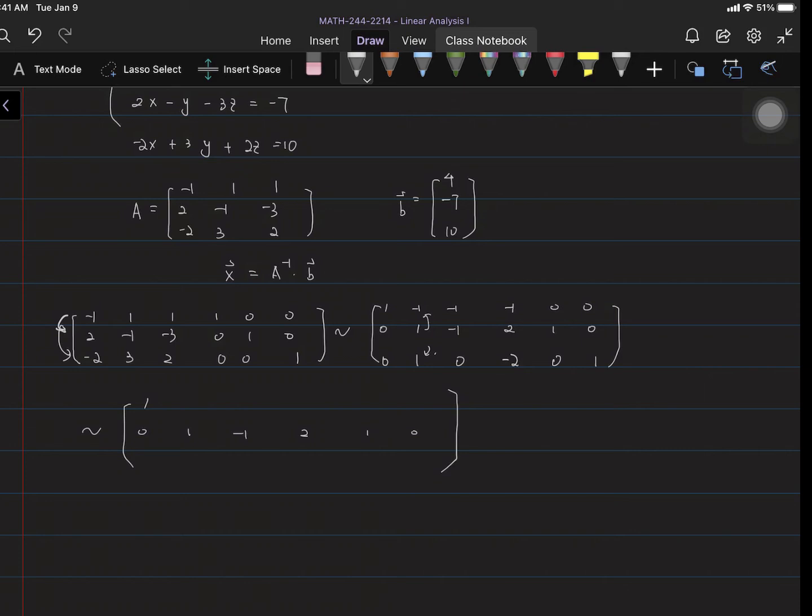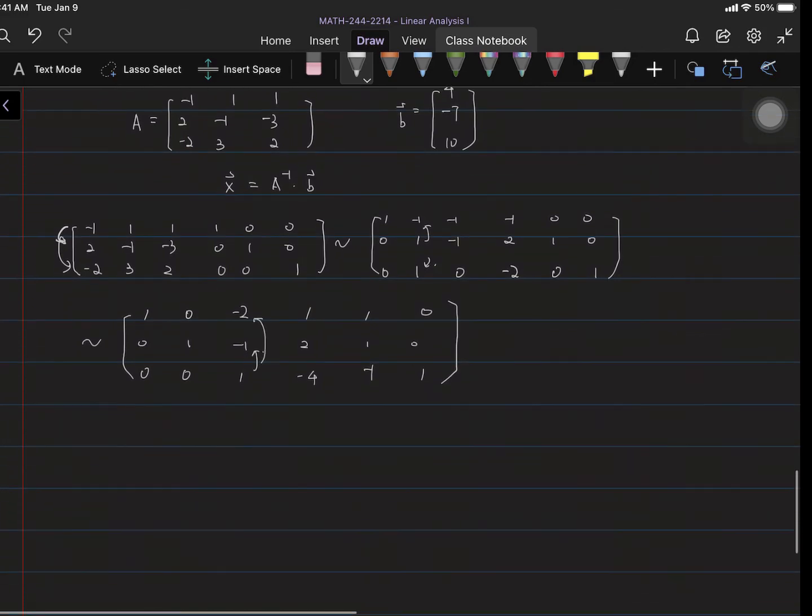So just row 2 add row 1. Okay, 0 there. -2 and 1, 1, 0. And then times -1 add to row 3. Okay, and then we can use this number to make them into 0, right?